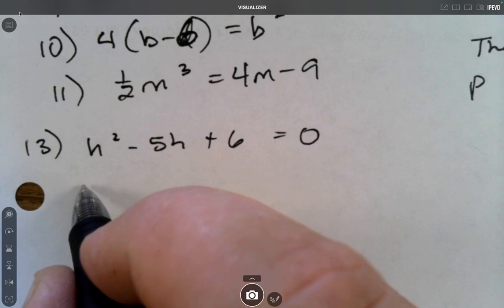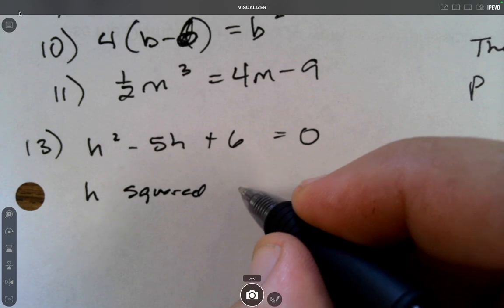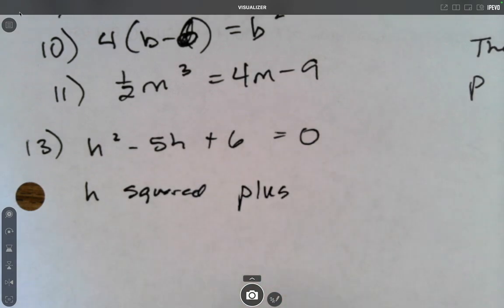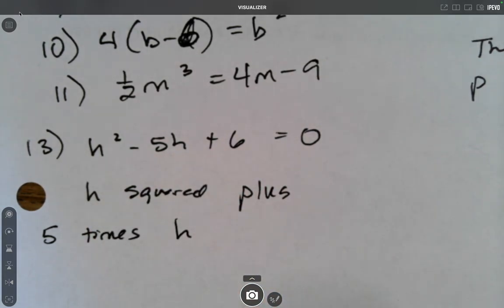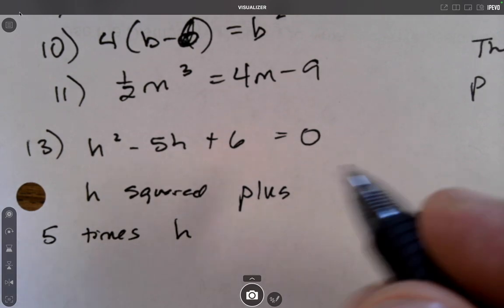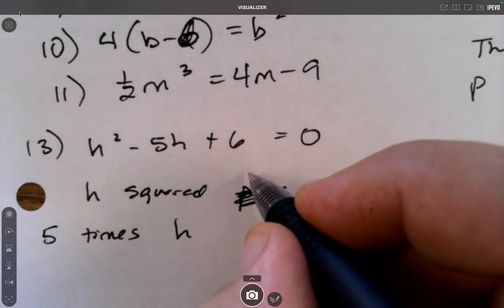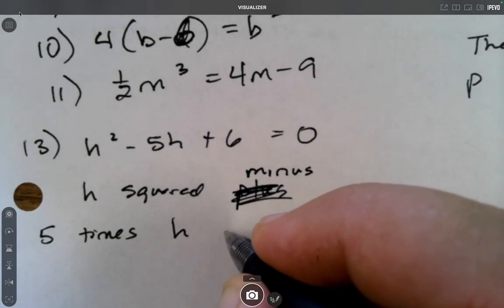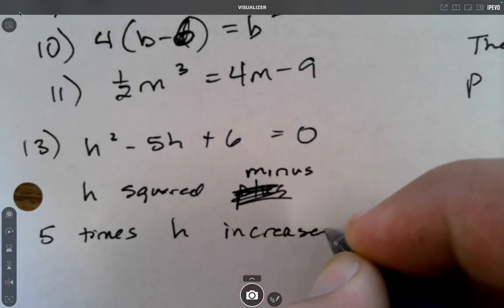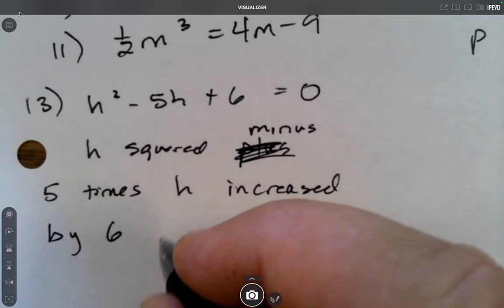So I'd start by saying h squared minus 5 times h, and I'll say plus or increased by 6 is 0.